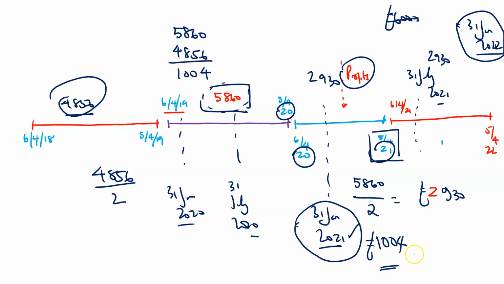So this is almost like the balancing payment, the balancing payment of 1004, as well as the first payment, which is the 2930, and the second payment, which is 2930, as well. So hopefully, I should have used maybe different colors to expand that a little.